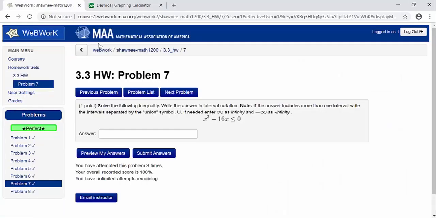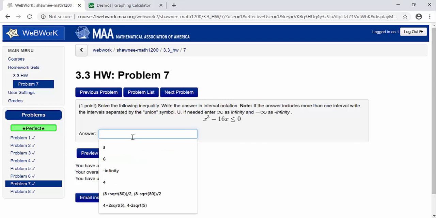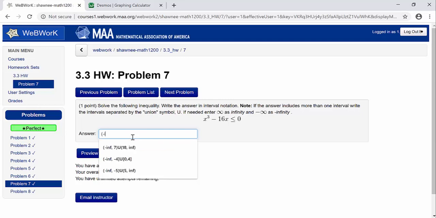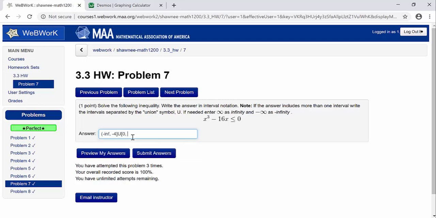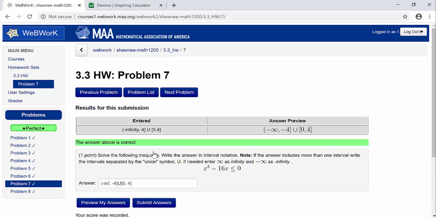So in WeBWorK, we see that x cubed minus 16x is less than or equal to 0 when x is between -infinity and -4 inclusive, union when x is between 0 and 4 inclusive. And we have the correct answer.